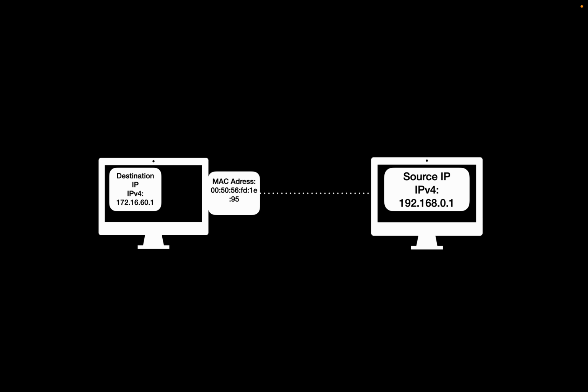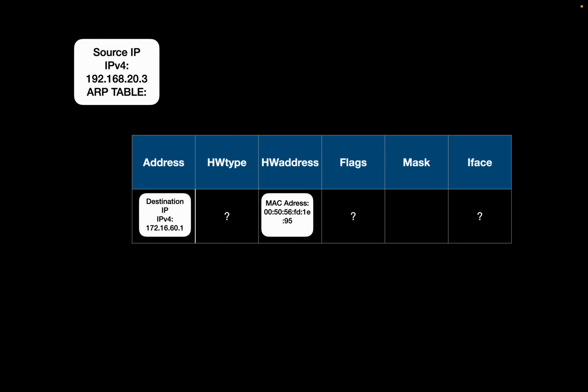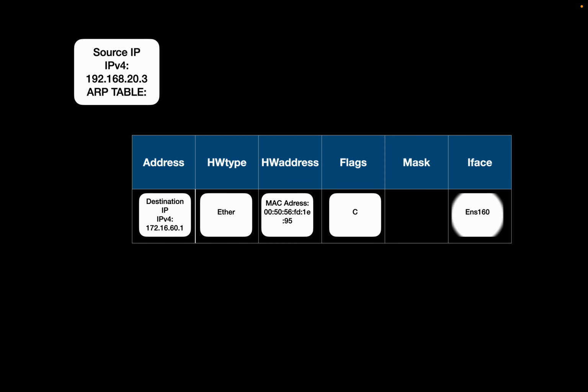So after asking who has this, it will send us the MAC address of this workstation, and we will now be able to craft a package where we can send that correctly to the right receiver. And we will just fill out these blank spaces with the correct information.